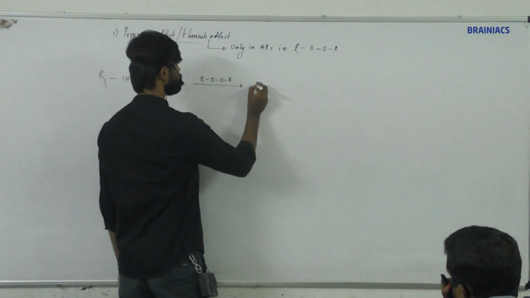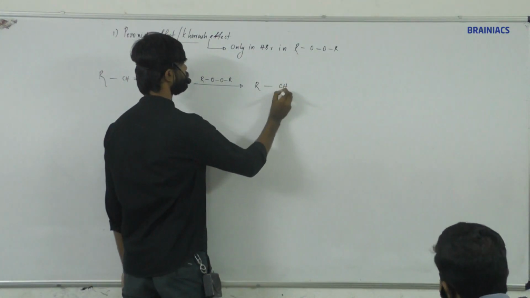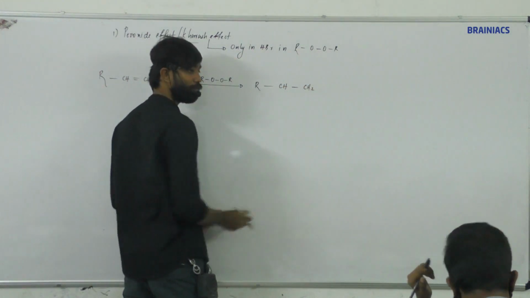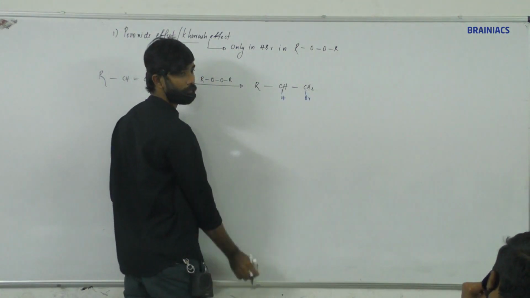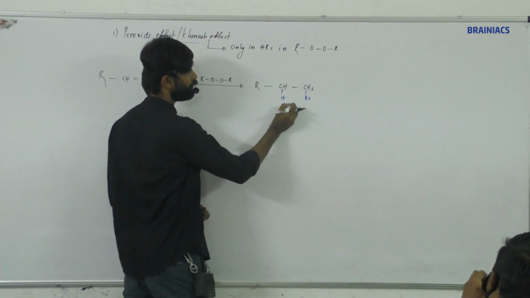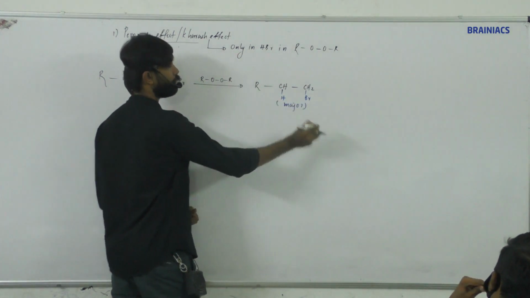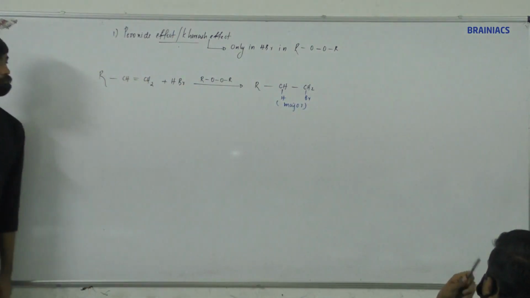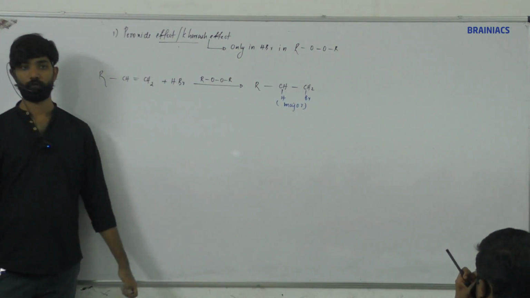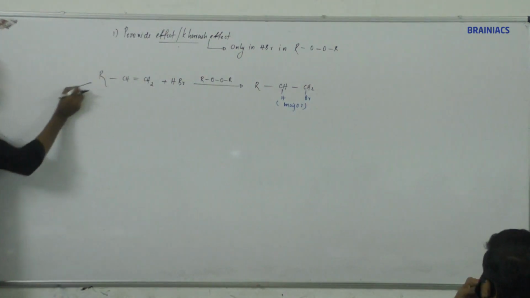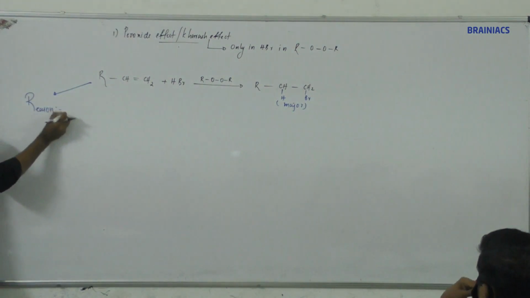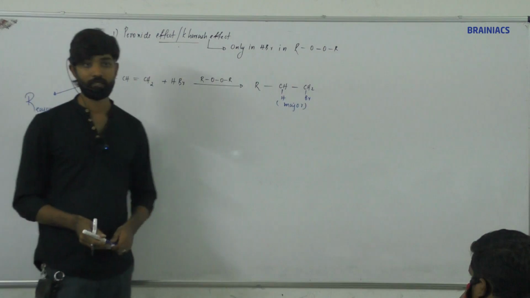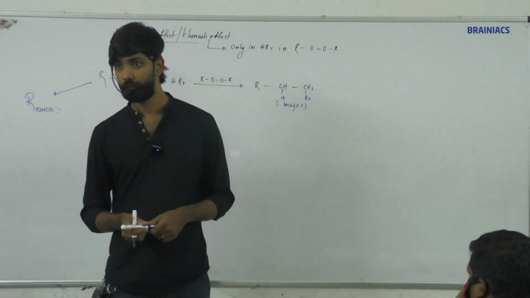So what happens is the major product will have hydrogen here and bromine here. This is the major product, just reverse of Markovnikov. The reason is, in the previous case the mechanism is electrophilic addition, right?